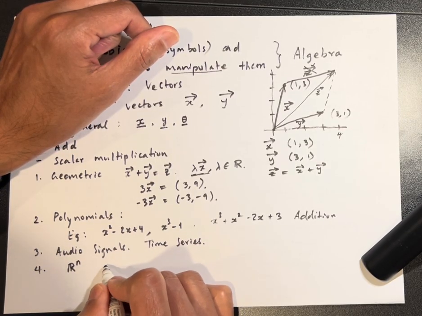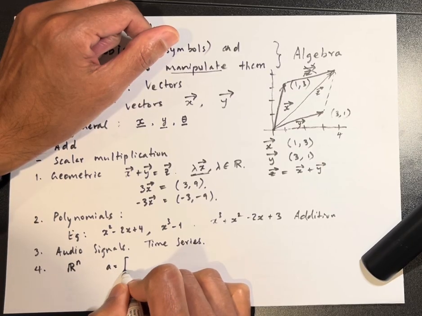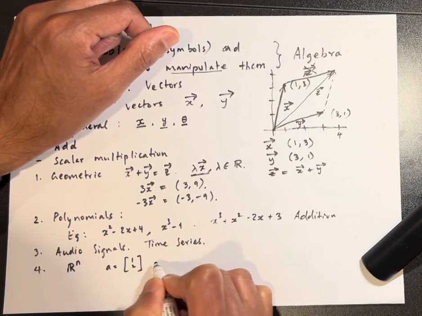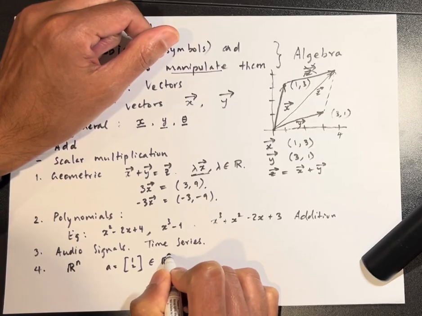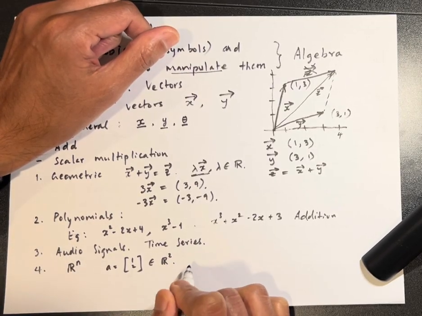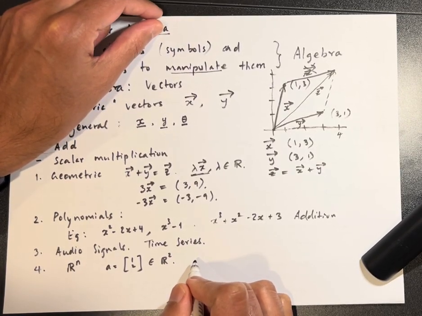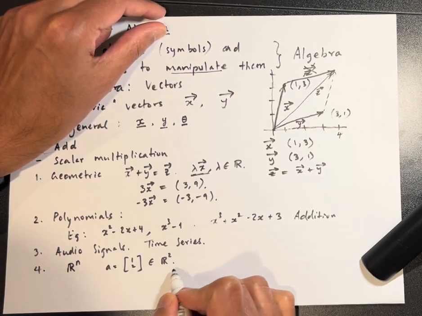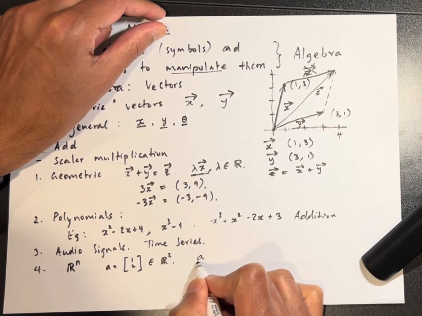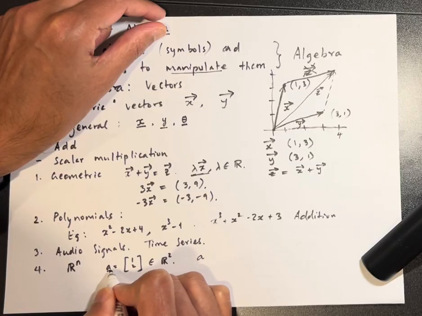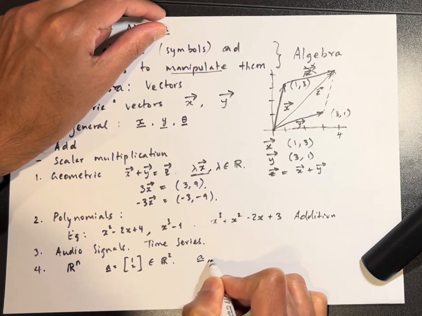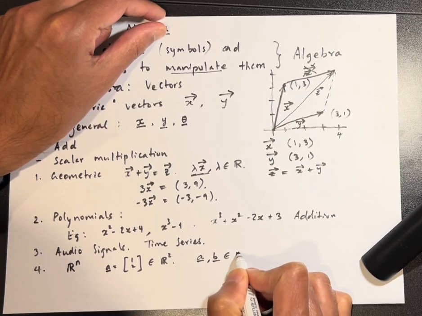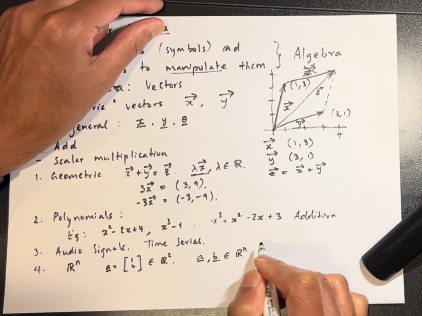And then, like we saw before, if you take a vector like 1 2, this belongs to R2, and so on. So adding two vectors, let's see what that does. So you have a vector A comma B, if they belong to Rn.